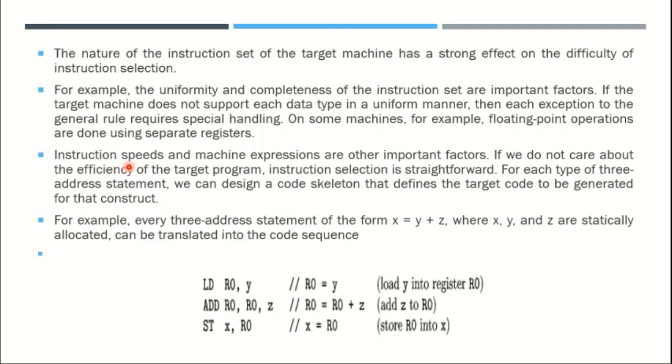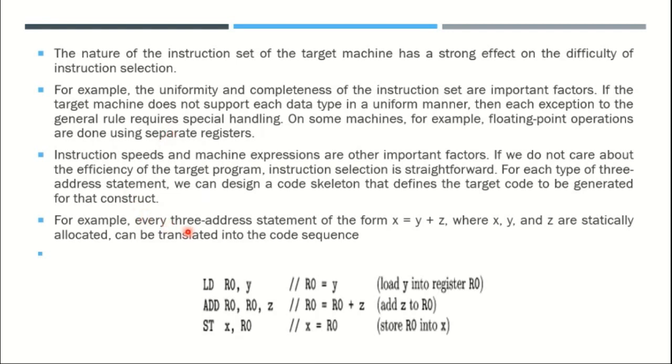So if instruction speed is not important and there is no urgency, there is no problem. Simply by using the skeleton of the 3 address code, we can easily generate the target code to run that particular program.